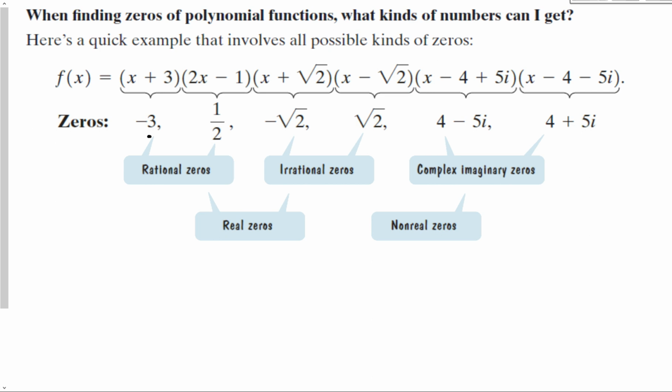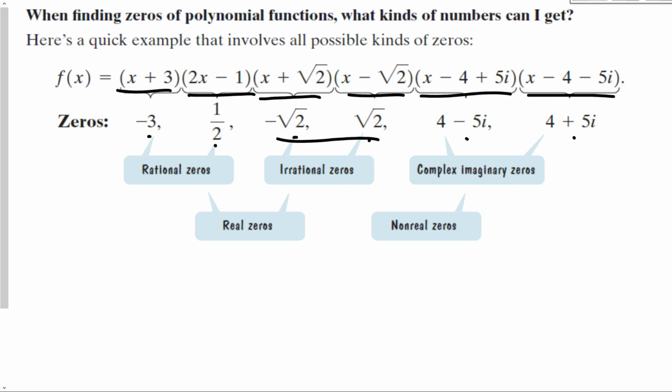Well, we could have rational zeros like -3 and 1/2, which comes from factors that look like that. We can have irrational zeros like negative radical 2 and positive radical 2, which come from factors that look like that. And we could have complex zeros, imaginary zeros, which come from factors that look like that, a little more complicated.